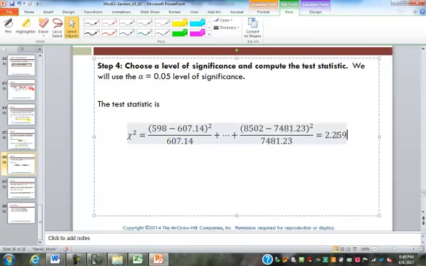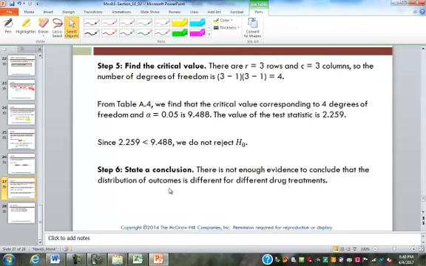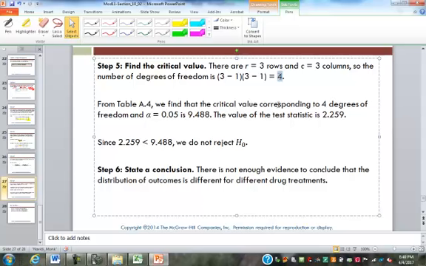Add them all up. Here we get a test statistic of 2.259. Now that's pretty small. I can almost guarantee you that's going to be too small to reject, but let's find our critical value. As we said, there's 4 degrees of freedom. We use that table on A4, alpha of 0.05, 4 degrees of freedom, we get 9.488 is the critical value.